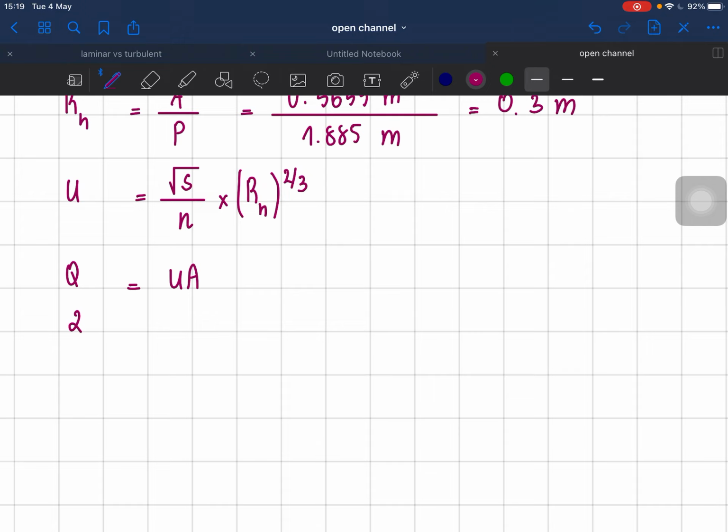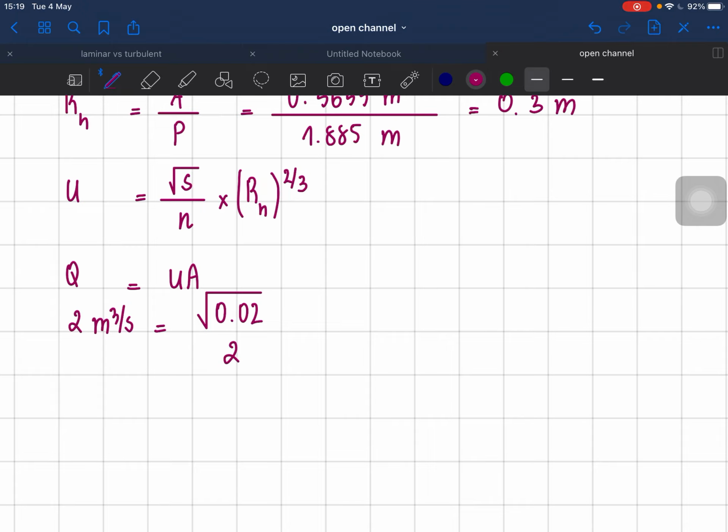So we have 2 cubic meter per second equals the square root of 1/50, which is 0.02, over n, times RH to the power 2/3 times A.